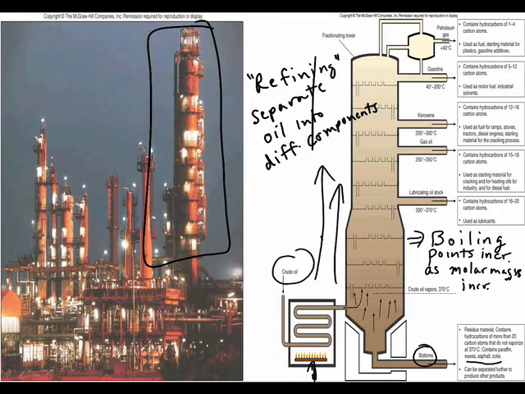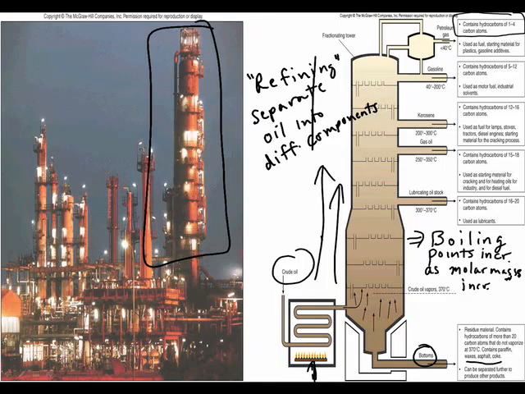So who's going to be at the top? Well, you already know that methane's a gas, but you can get some other hydrocarbons from 1 to 4. So this would be methane, ethane, propane, butane. So that's the number of carbons in the molecule.